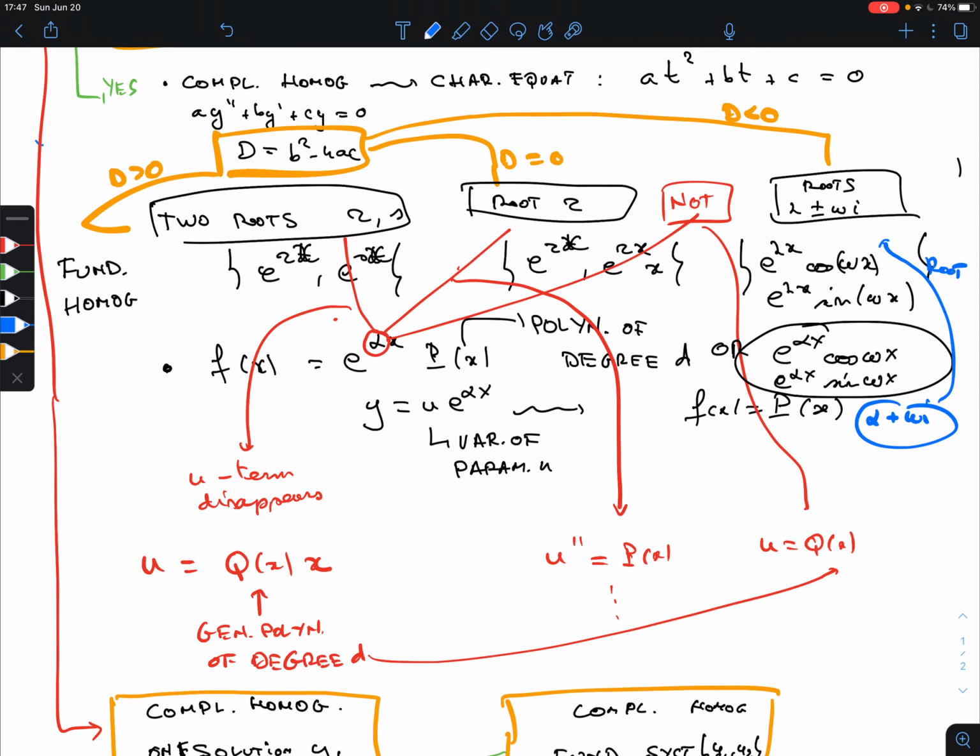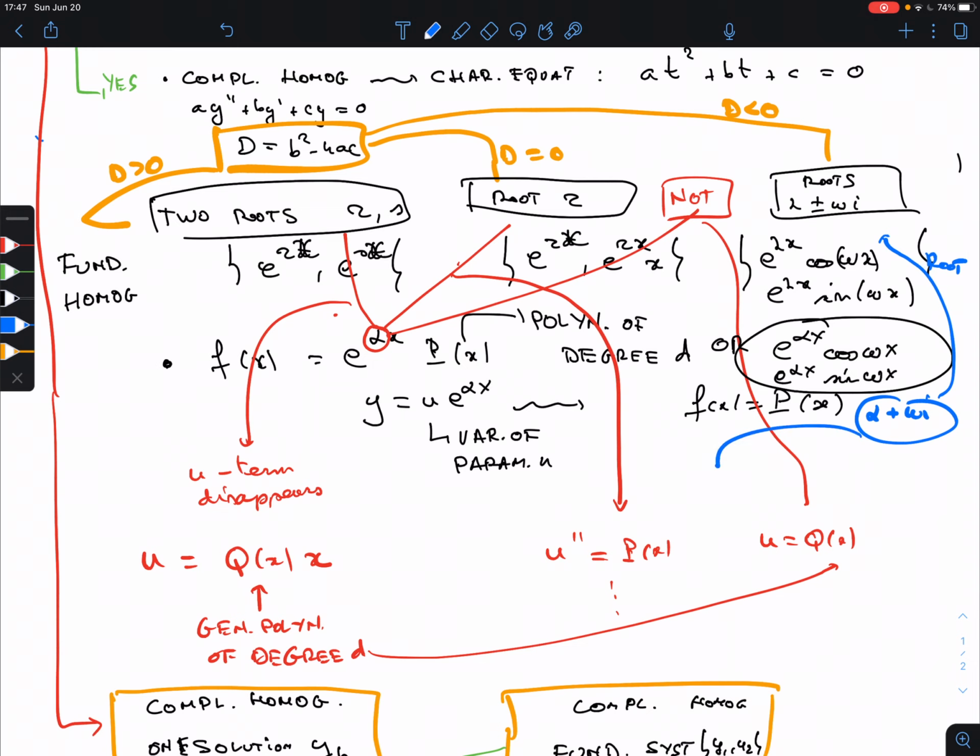If no, then first of all you do the same thing; this part is always the same. I'm not going to discuss this. It's what happens with the u then. You put u equal to a cosine omega x plus b sine omega x, and you find a and b.